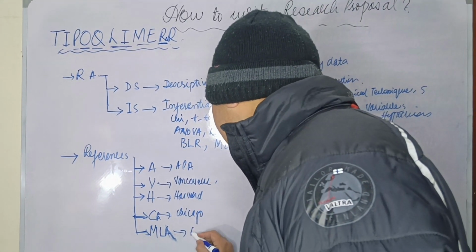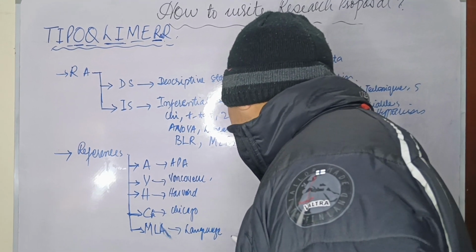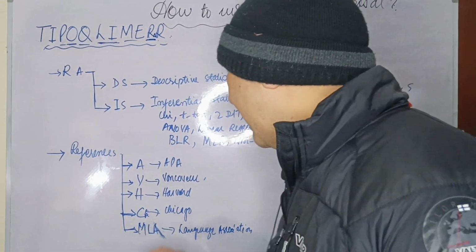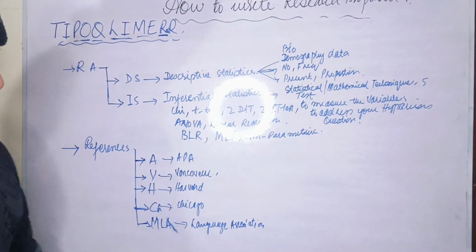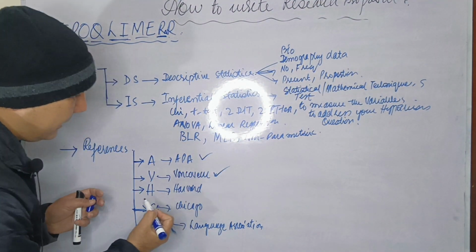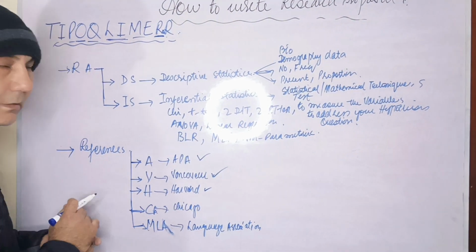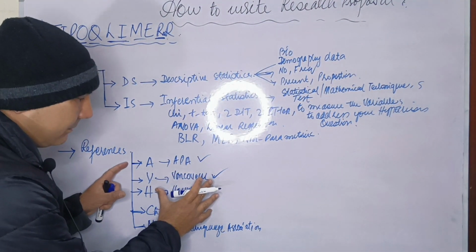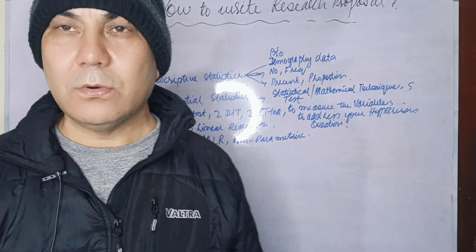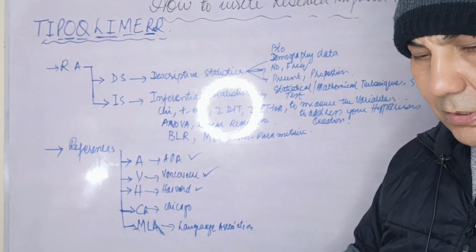So APA and Vancouver are very famous, and somewhat Harvard and Chicago as well. So these are the writing styles you use for the references: APA style, Vancouver style, Harvard style, and Chicago as well.